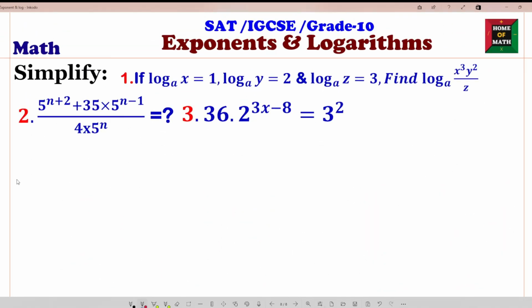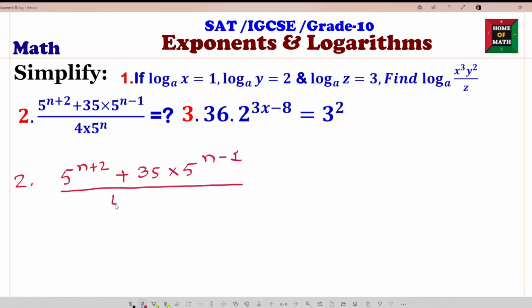Now the second one, number 2. We can write it like this: 5 to the power n plus 2, plus 35 times 5 to the power n minus 1, divided by 4 times 5 to the power n. This one we will simplify.